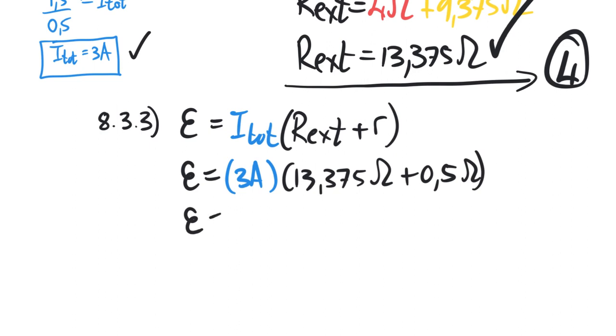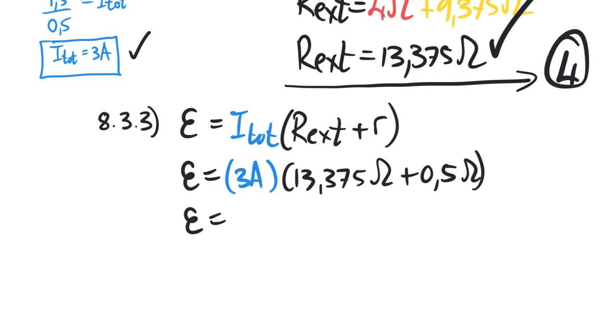And so therefore the EMF we can work out quite easily. We just work out what's in the bracket first, 13,375 plus 0.5 gives us the total resistance of the whole circuit, that's the external resistors and the internal resistance of the battery, which is 13,875.